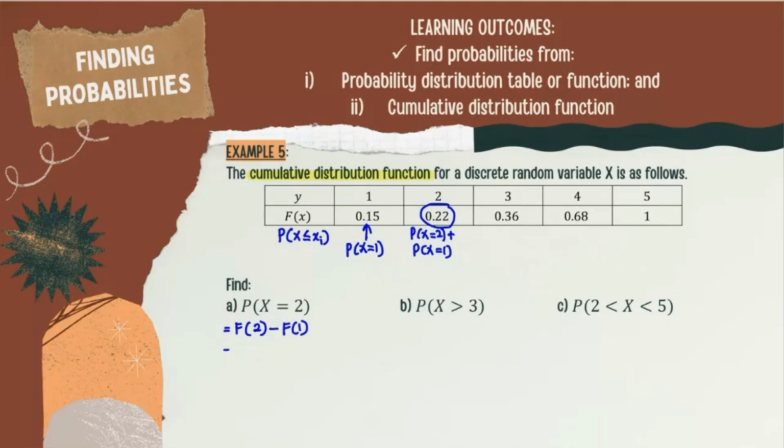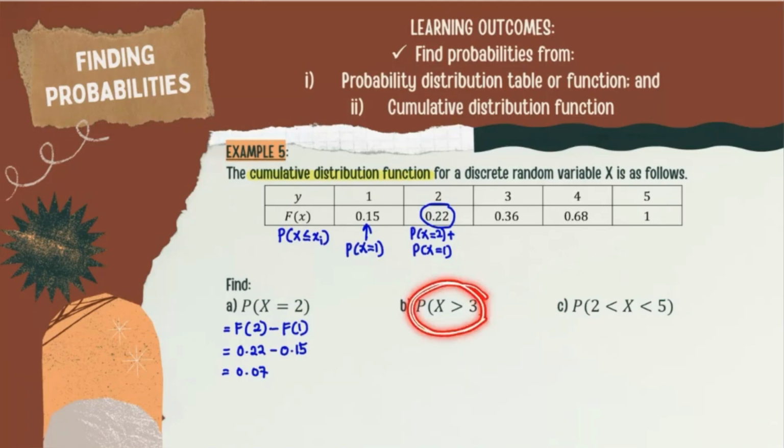So f2 tadi kita punya value berapa? 0.22 minus 0.15. So kat sini dapat berapa ya? Is it 0.07? Yes, 0.07. Faham ke yang ni? Boleh? Boleh? Okay. Alright.